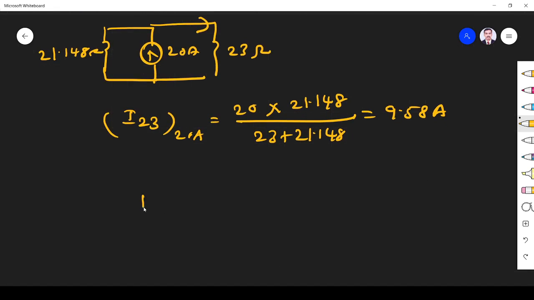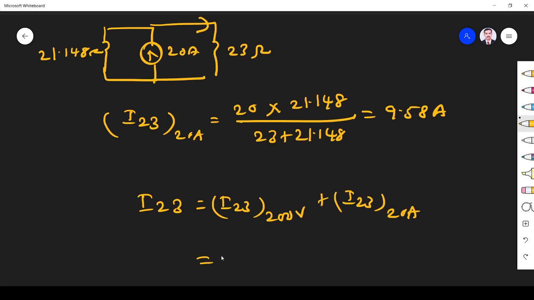So the current through 23 is I23 due to 200 volt plus I23 due to 20 ampere, that is 1.652 plus 9.58 equal to 11.232 ampere. This is the total current through 23 ohm.